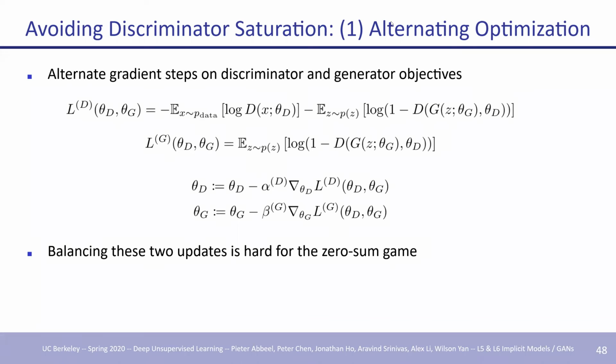So a simple way is just to do alternating optimization, right? So you do the discriminator with the full equation, and then you do the generator with just the part that's relevant to it. You update both of the gradients one at a time.